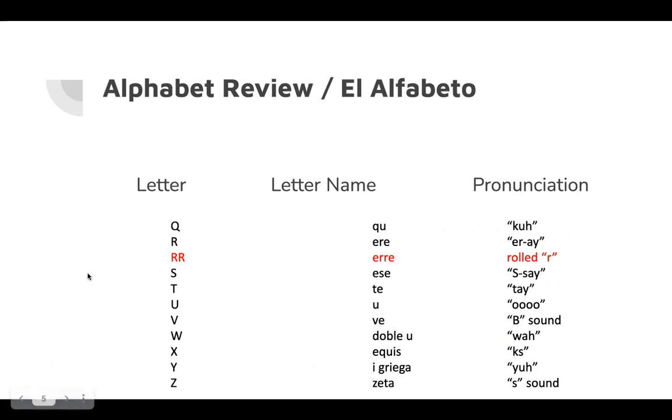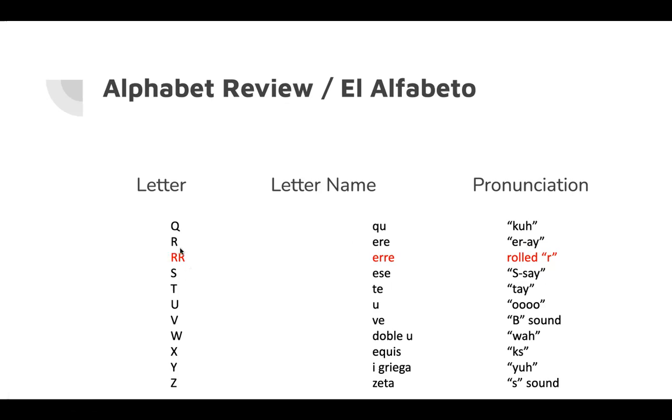The last slide that I have on this is the letter Q, which the letter name is QU, and it's pronounced like a K sound. It's one of those that is a little bit awkward to pronounce. Then there's the letter R, which is pronounced "are," another kind of awkward one.